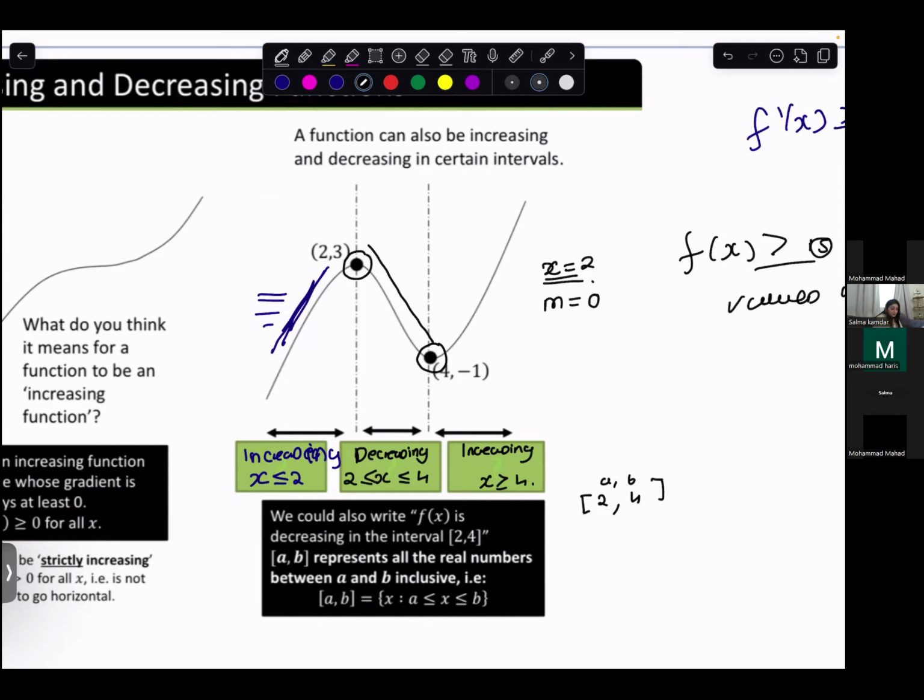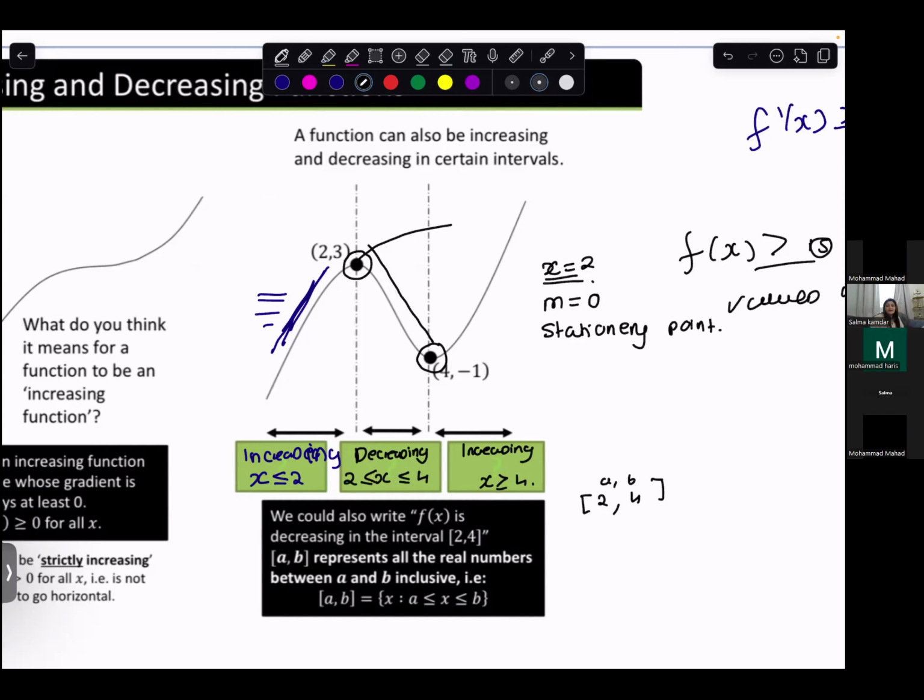If I say at x equal to 2 my gradient is 0, that means this is the turning point where it is converting from an increasing function to a decreasing function. So this is also called the stationary point. Are you with me?